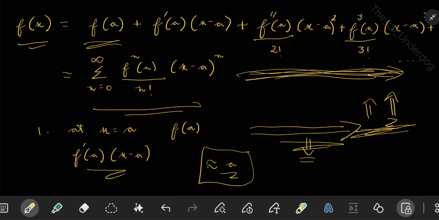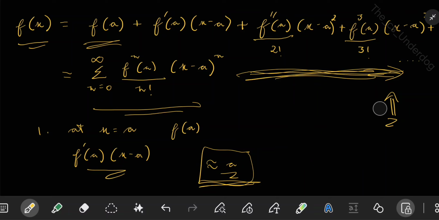So generally what we do is, we take the first 2 terms, 3 terms or so, so that we get a very good approximation of what that function takes at x equal to a. So this is where we generally use the Taylor series. So what does the Taylor series do?